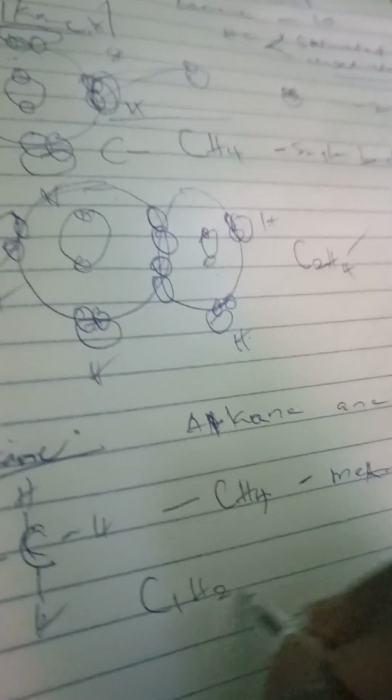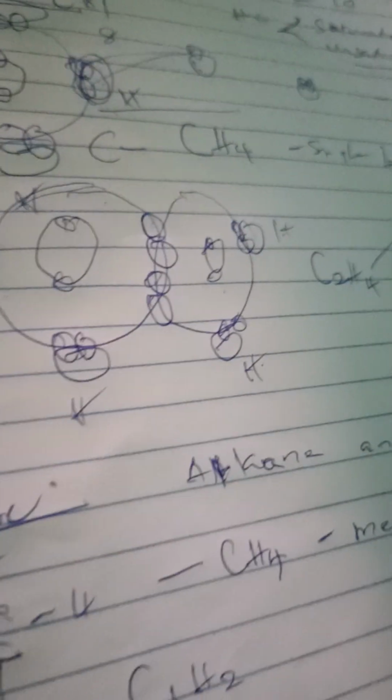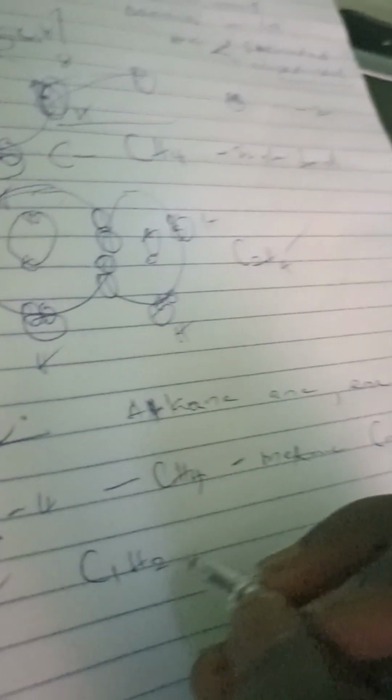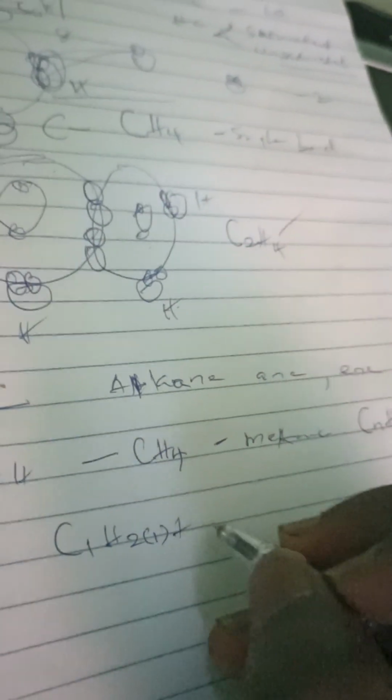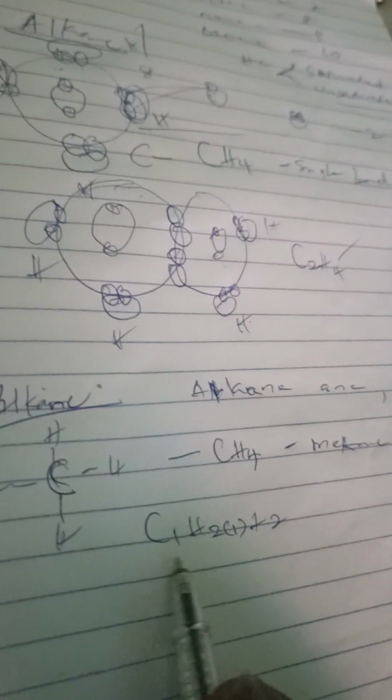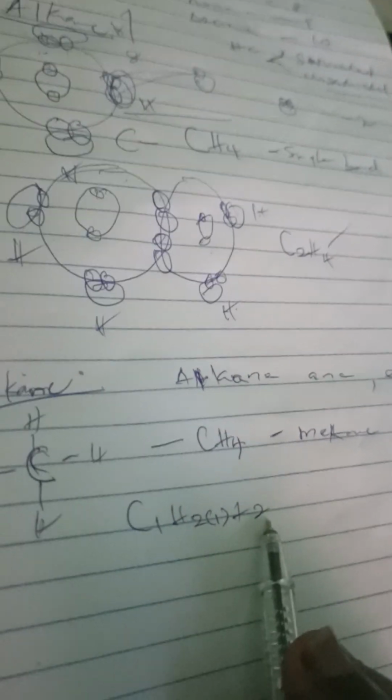That means carbon is 1, C1, and H2n, remember, H2n, 2 multiplied by 1 plus 2.